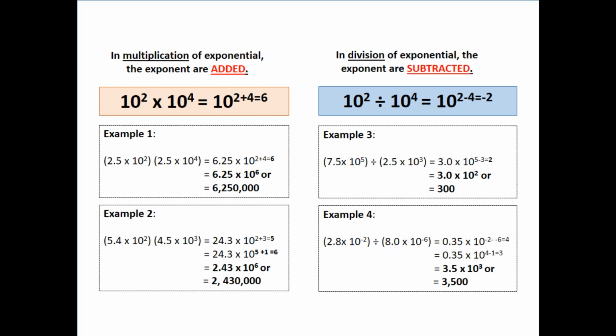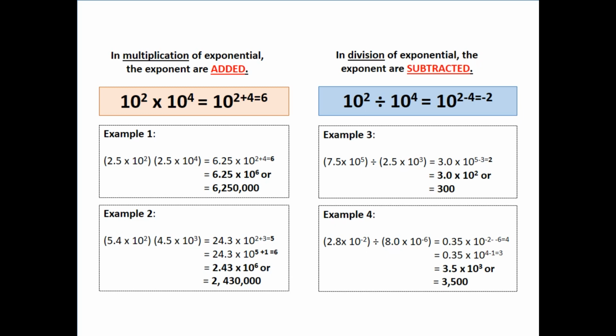So, you have the coefficient, right? Which is your 2.5. So, you multiply it with the other coefficient, which is the other 2.5. So, first thing you're going to do is multiply 2.5 times 2.5. Okay? So, 2.5 times 2.5 is equal to 6.25.